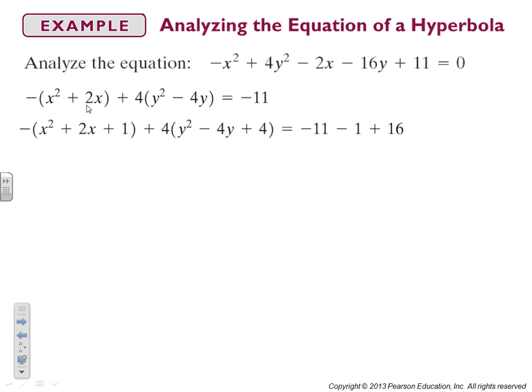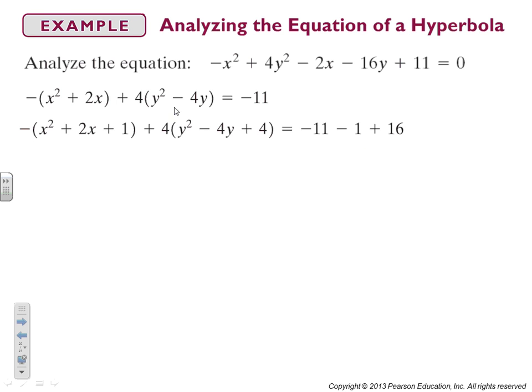So you take your b term divided by 2. 2 divided by 2 is 1. 1 squared is 1. I'm going to add 1 here and then distribute the negative to it. Technically, I am adding a negative 1. So I'm going to go ahead and put a negative 1 on my right-hand side.